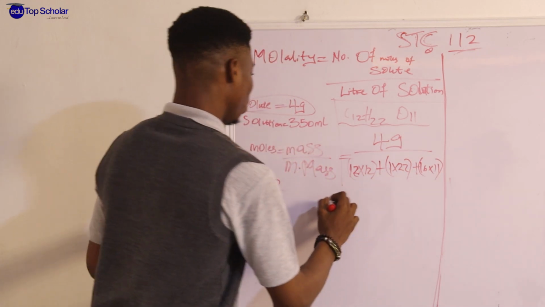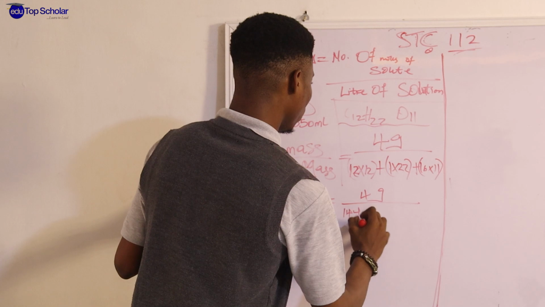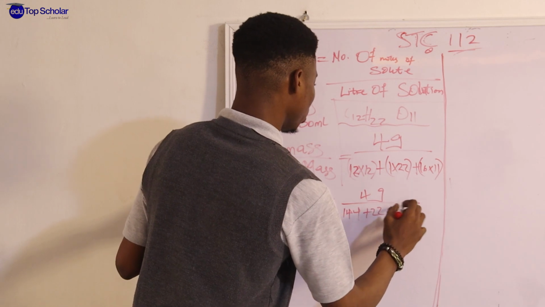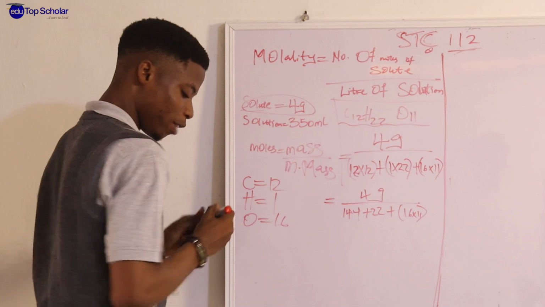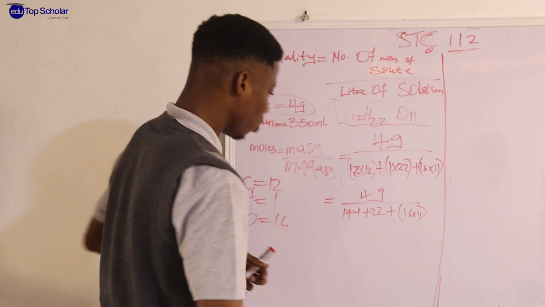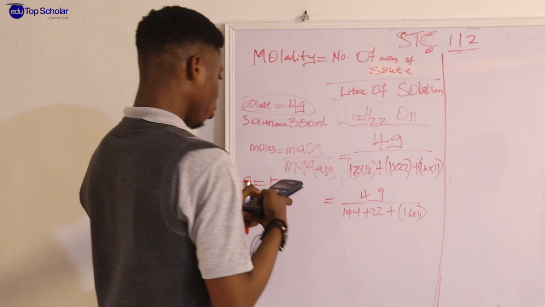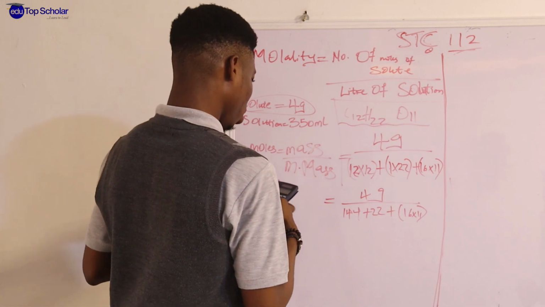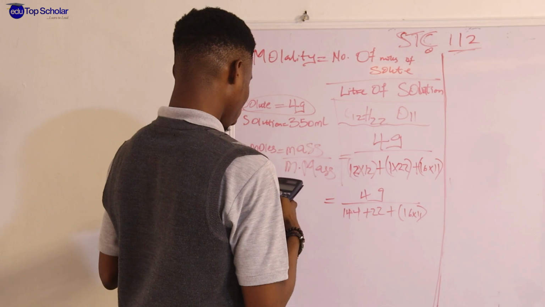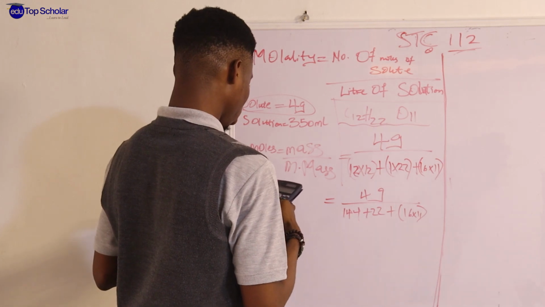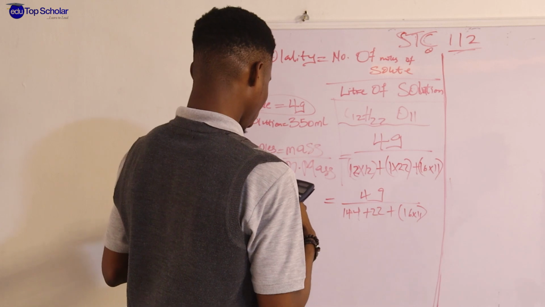So then we have 4 grams all over 144 plus 22 plus 16 times 11. So let's add up and divide, and we have our number of moles. So that will be 144 plus 22 plus 16 times 11, and 4 divided by the answer.